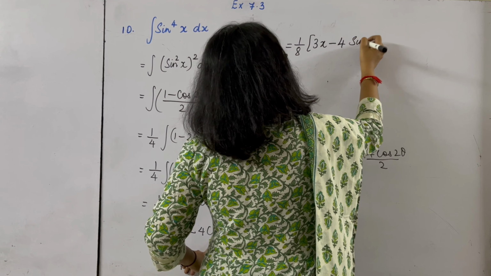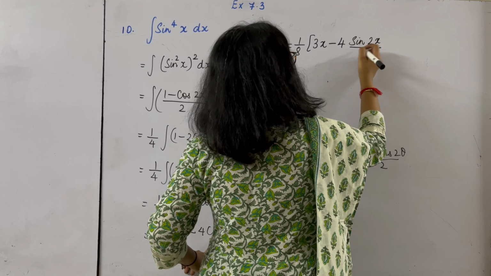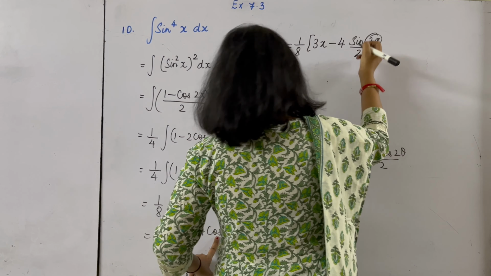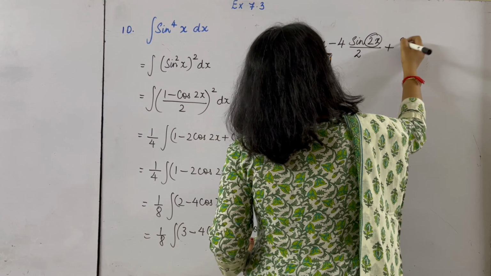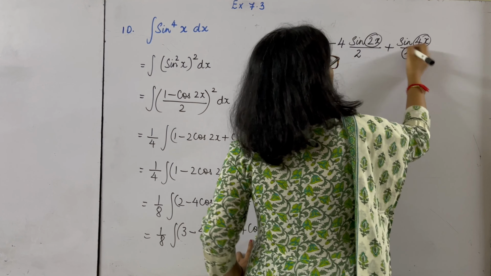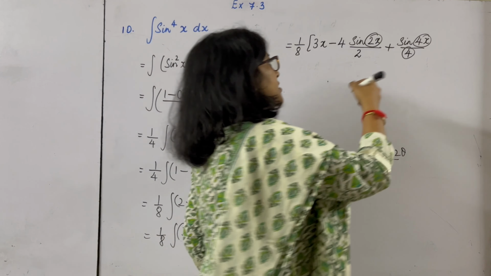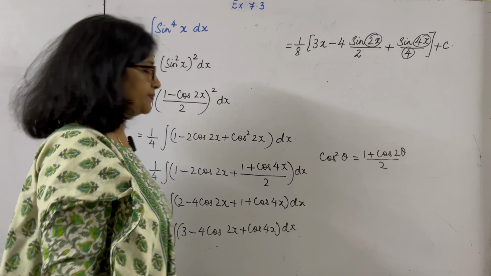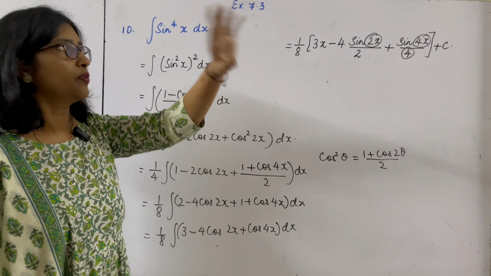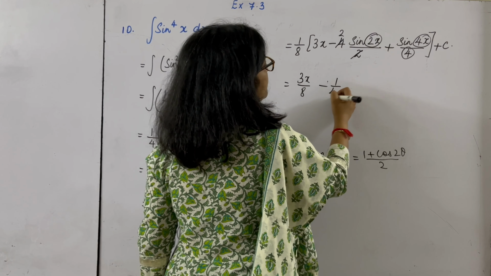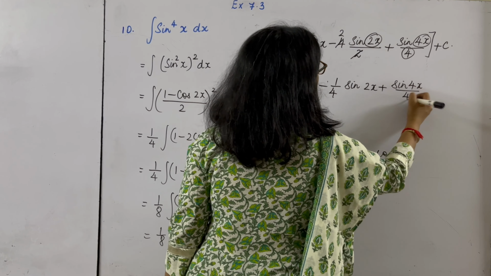Cos 2x gives sin 2x, and again because this is not x, differentiate it in the denominator, and cos 4x is sin 4x upon 4, same thing, because it is not x, differentiate 4x in the denominator, and the integration constant. Okay, then you can multiply that 1 by 8 and simplify. So that's your final answer.